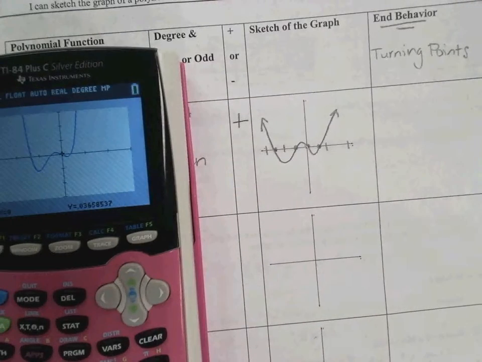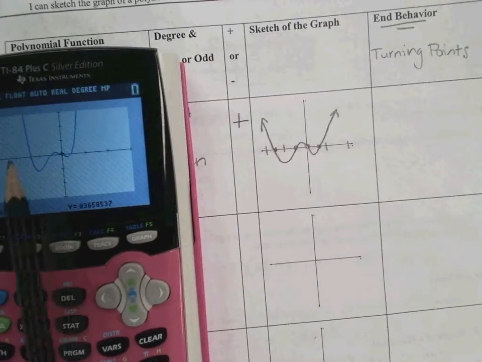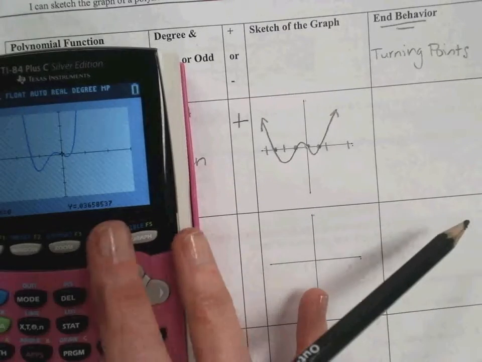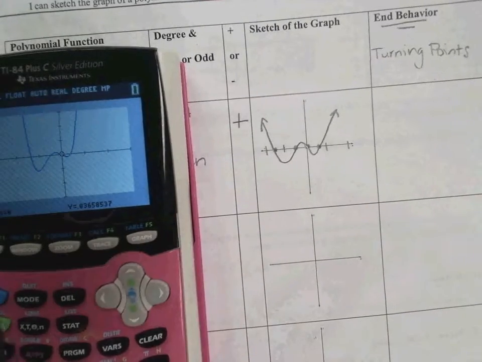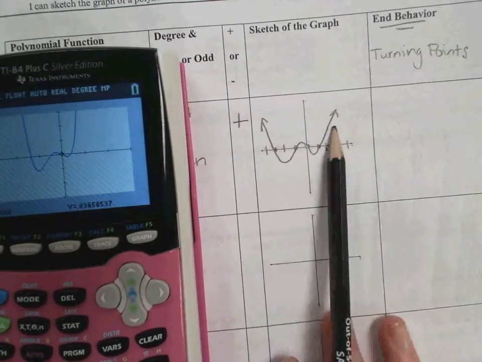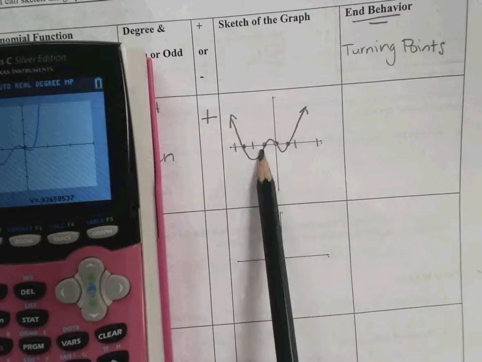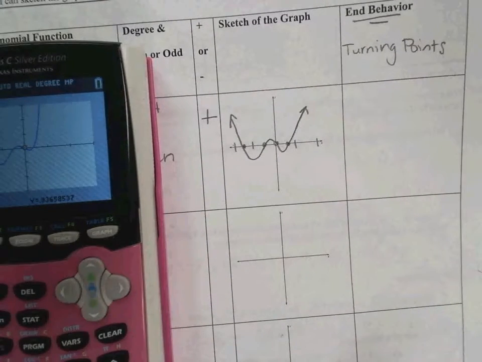I did -3, +3. Okay, X-axis, but yours still probably looks the same as mine because we have the same. Okay. So did you plot these points on the x-axis? No, that's what I do. Okay, so that's what you want to do first, is plot those 4 points.